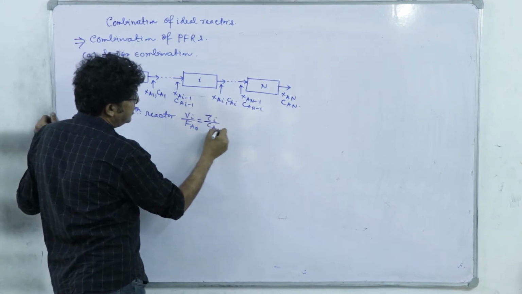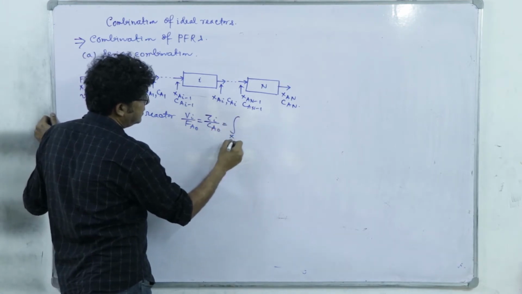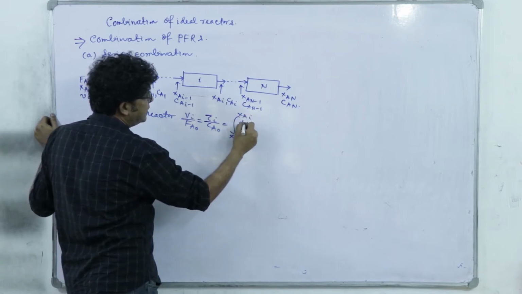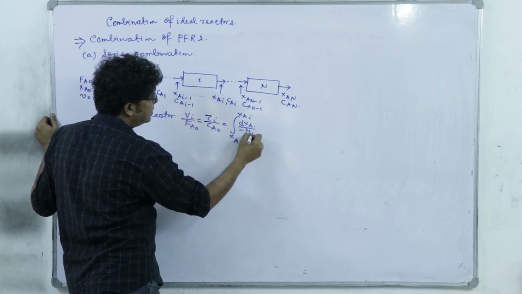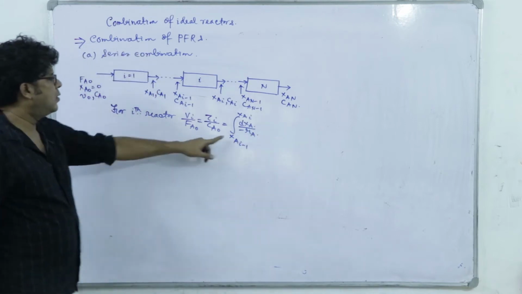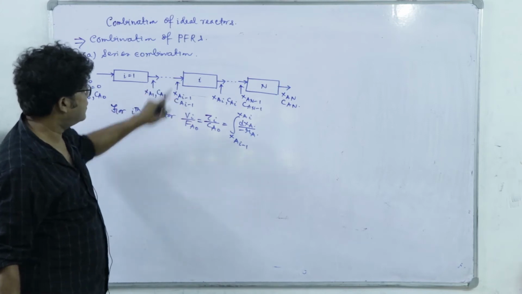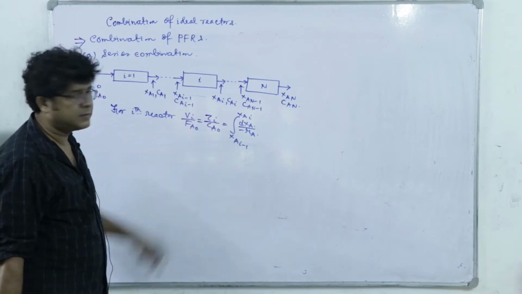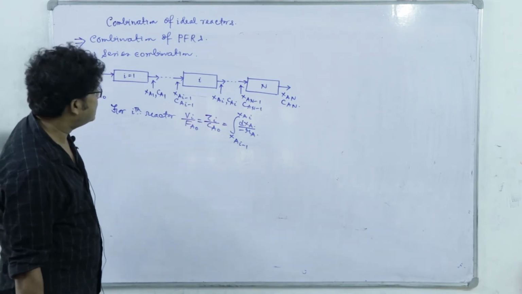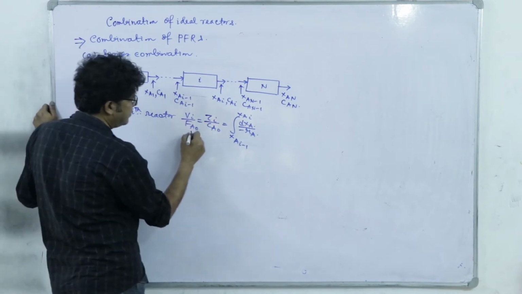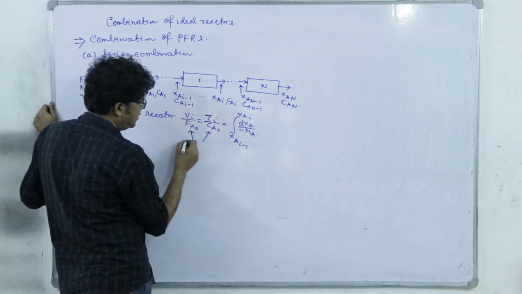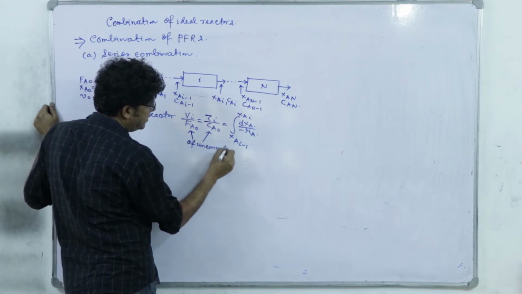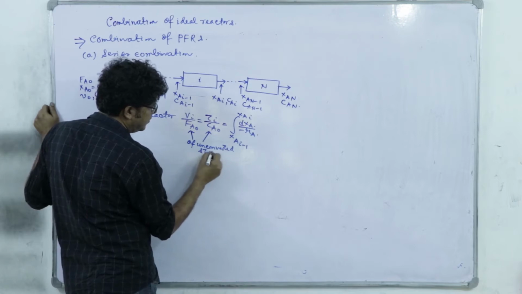Tau i by Ca naught, here we will write the conversion from Xai minus 1 to Xai dxa by minus Ra, because the lower limit actually accounts for this initial conversion. So, that is why this Fa naught or Ca naught, whatever we are choosing, must be the concentration of the unconverted stream.